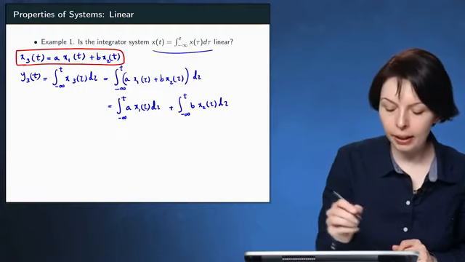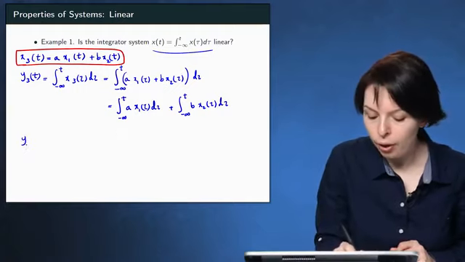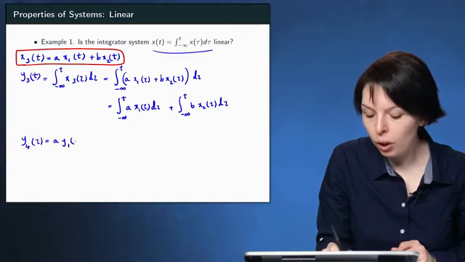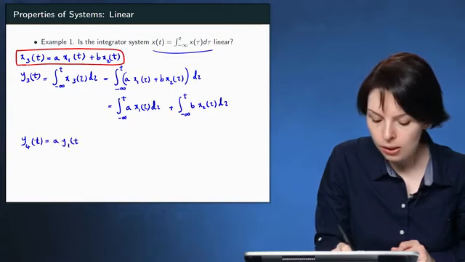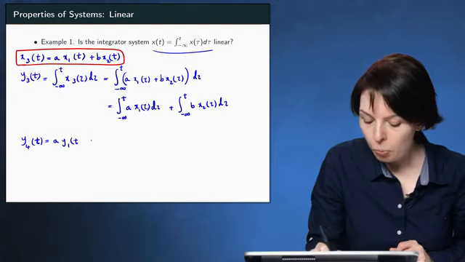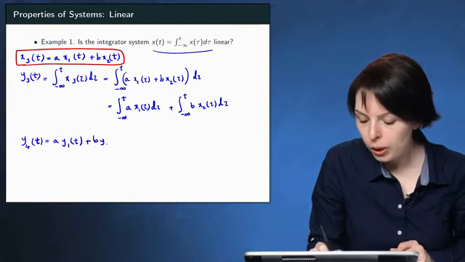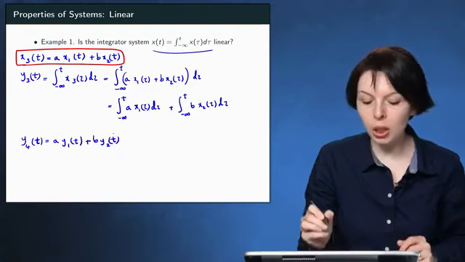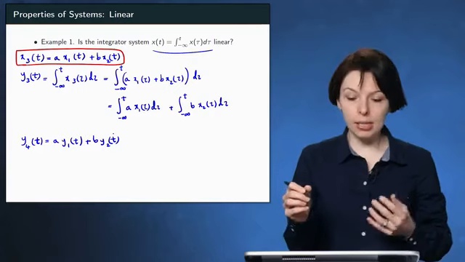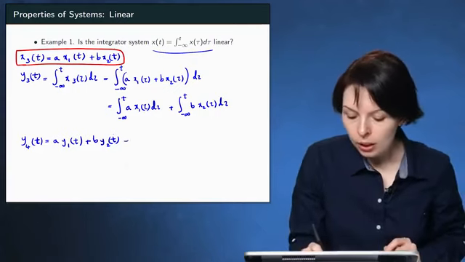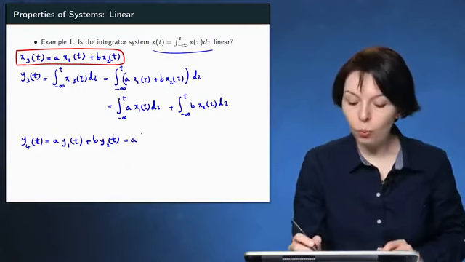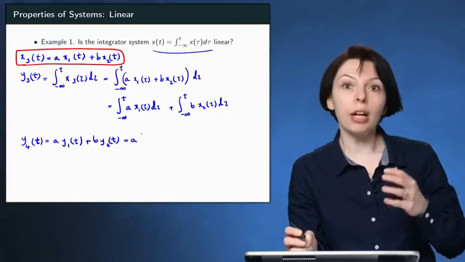Let's move on and calculate y4 of t, which is a times y1 of t plus b times y2 of t. And I want to check if y3 and y4 are the same thing. That's equal to a times y1 of t, which is the response of the system if I apply x1.